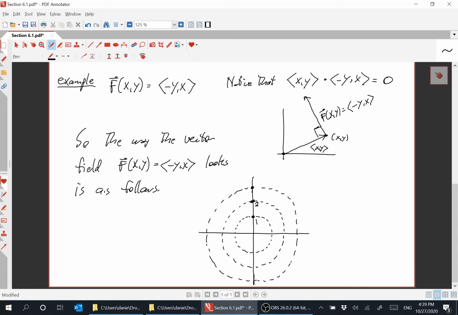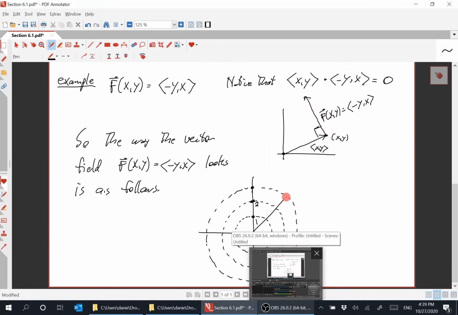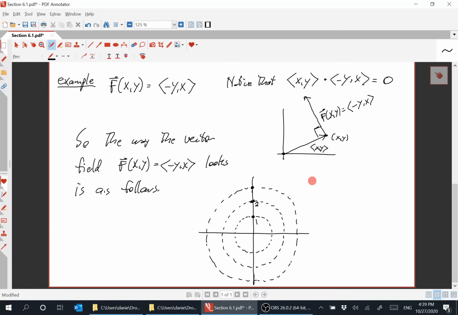And at every point on the circle, the length of the vector from here to here is just the radius of that circle. And so this is the vector, say, x, y for this point right here. So we're going to have the same vector, 90 degrees, which is tangent to that circle, pointing in this direction. So the vector field is a bunch of tangents to these circles, indicating a direction of rotation.